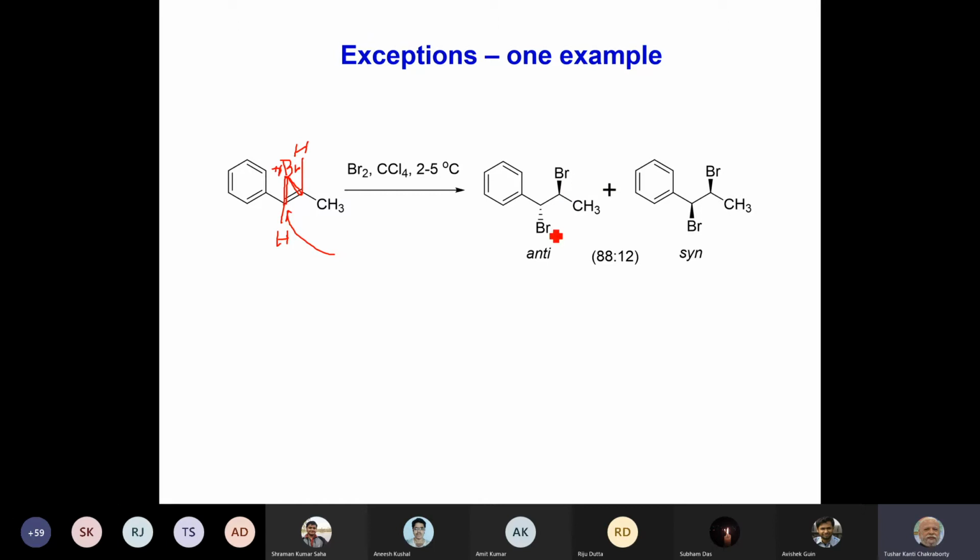It should have been 100%, because we have always said that these are stereospecific reactions, and the mechanism says that we should have got only this product. But you get a 12% yield of this other product also, which we call the syn product, and this one is the anti product.